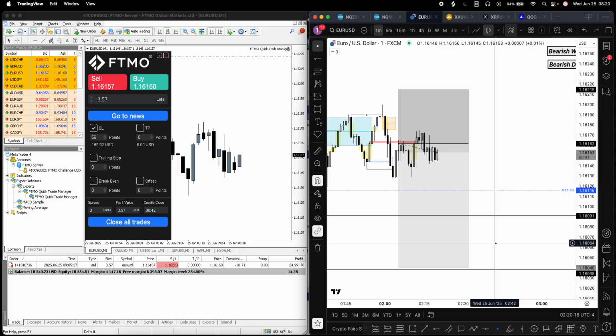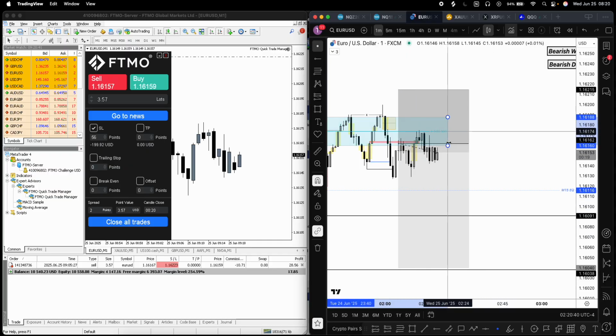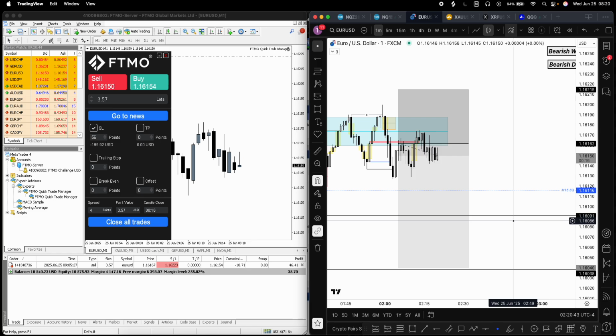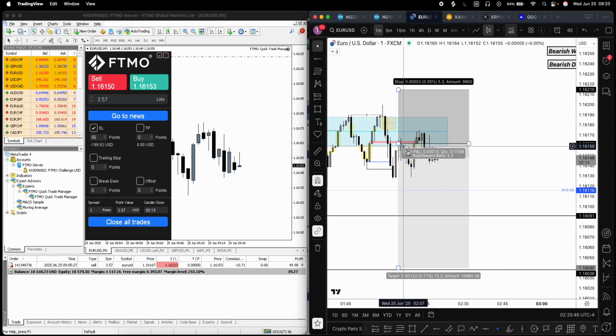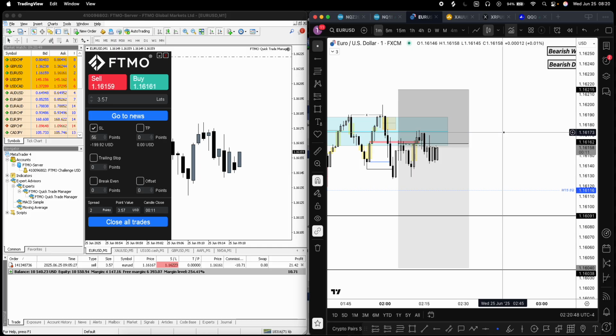It's just kind of not going anywhere, but I think it's worth staying in for now. So what is quite nice here is that price reacted to this 5-minute bearish fair value gap, and you can see it kind of reacted to the midpoint of it. So that's a pretty good indication that we may still want to go down.